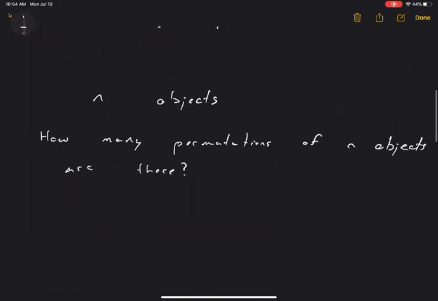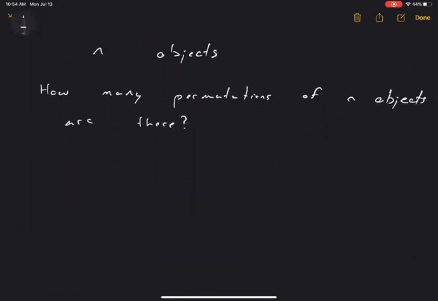What is a permutation? You can think of a permutation as: if we have n objects, we line them up, and how many different ways to line them up are there?